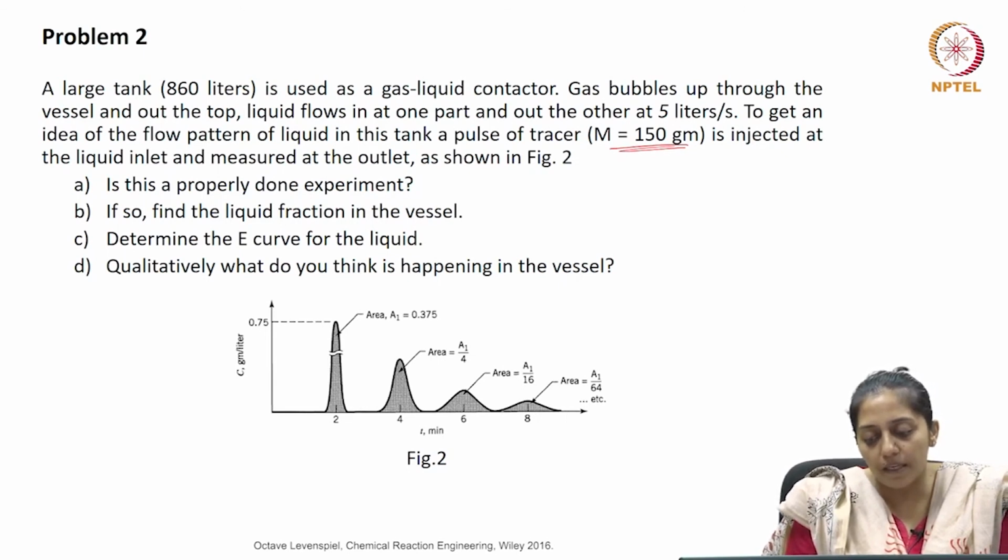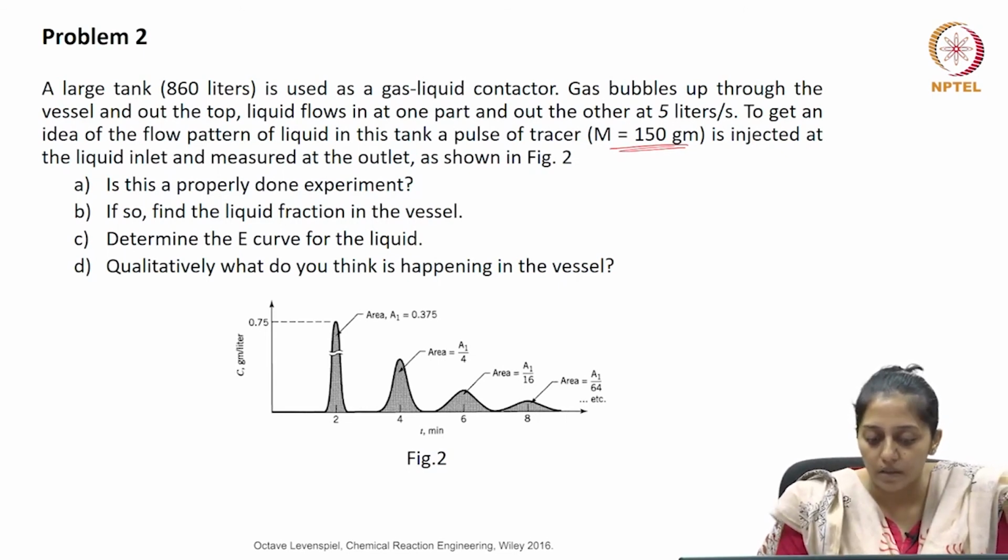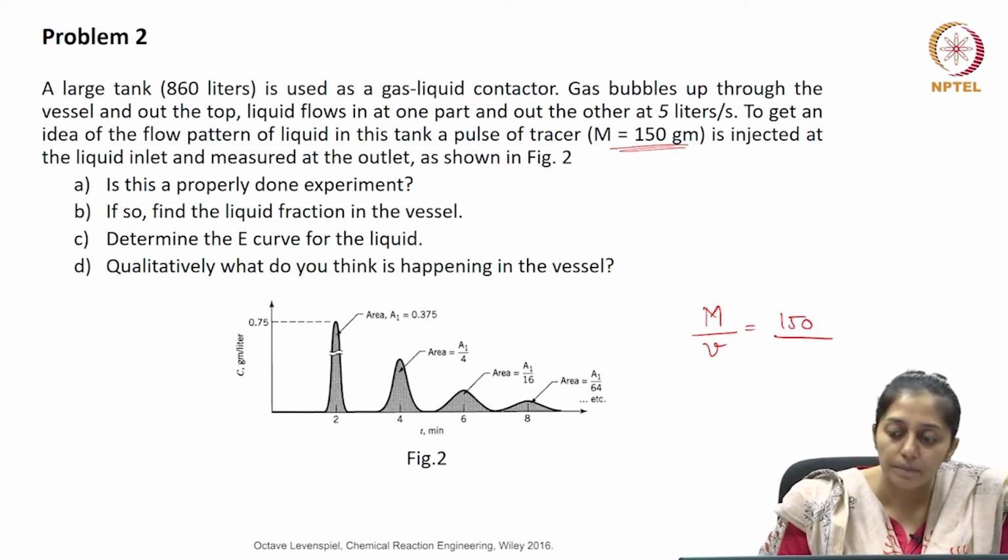So, the sum of the area of all the C curve which is given here will be equal to capital M by small v. Small v was the volumetric flow rate, which is 150 by 5 liters per second.